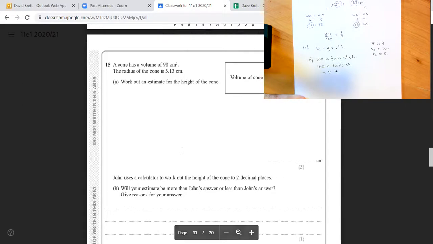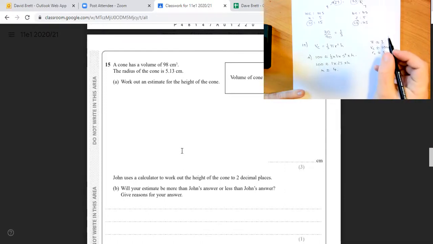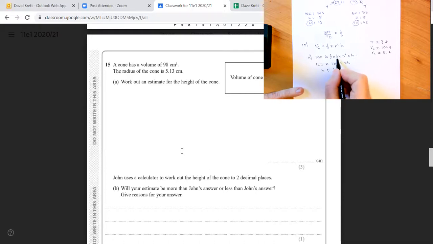Okay. Do you use a calculator to work out the height of the cone to 2 decimal places? Will your estimate be more than John's answer or less than John's answer? Okay, so let's think about what we've done. Obviously, we've rounded that down, we've rounded that up, and we've rounded that down. So we've divided by a number that's smaller than what we would have had. 5.13 squared is obviously bigger than 5 squared. 1/3 of pi is bigger than this.